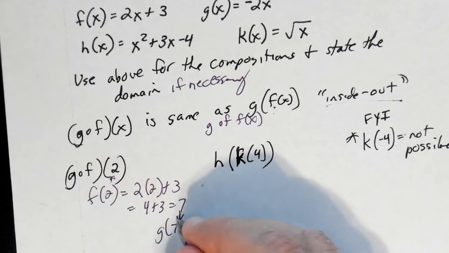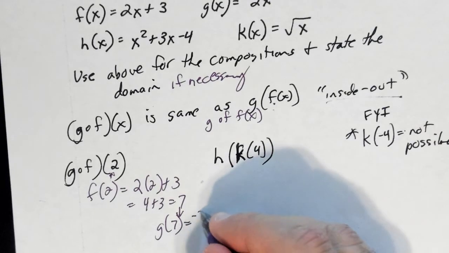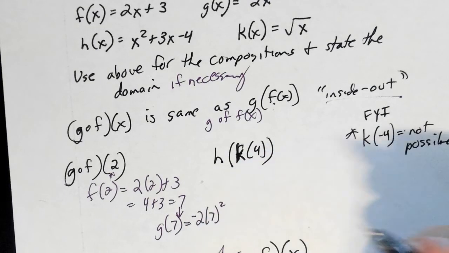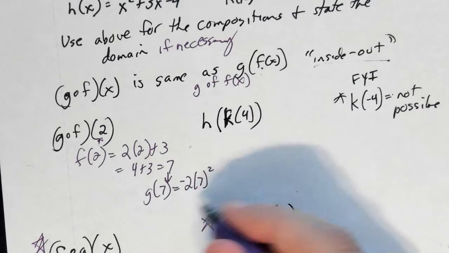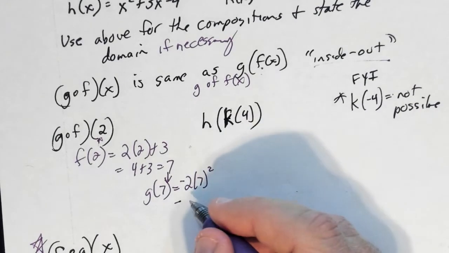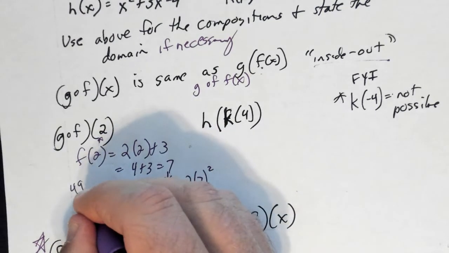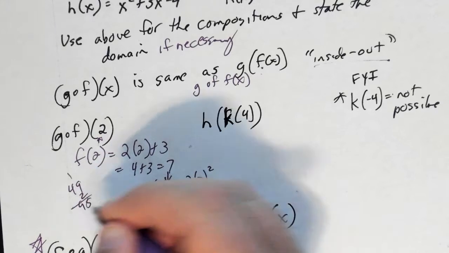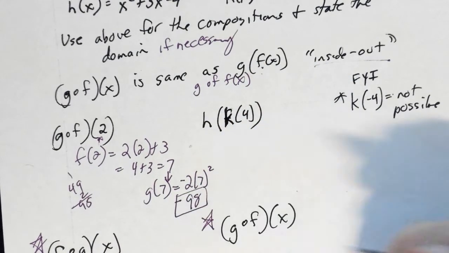So you're going to find g of 7. And in g of 7, that's negative 2 times 7 squared, which would be 49 times negative 2, which would be negative, let's see, 49 times 2, 96, 98, excuse me. So I get negative 98.